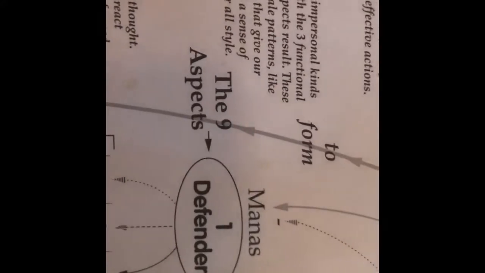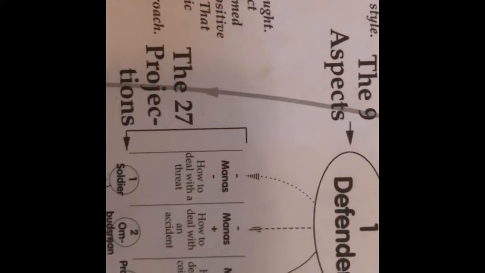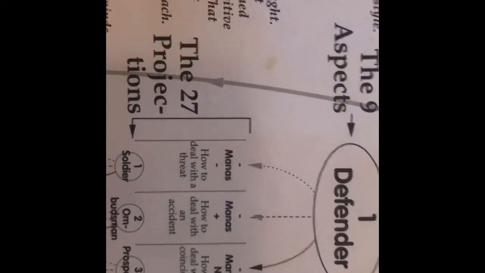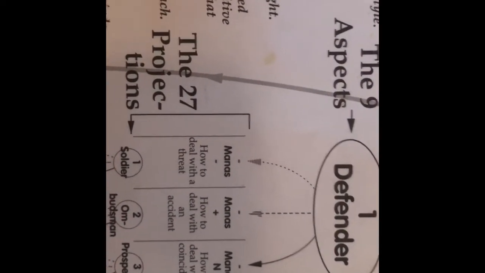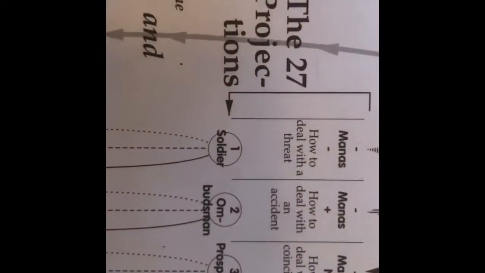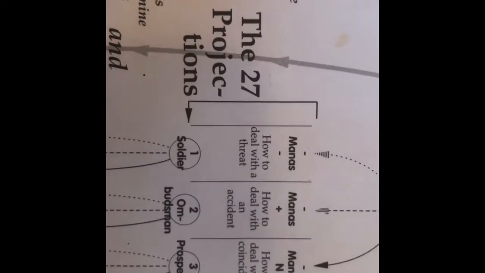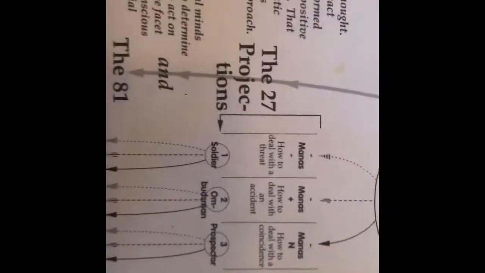And then you continue to follow it. Positive energy, or proactive, or Rajasic. And that is number 2, projection 2, the Ombudsman, how to deal with an accident.